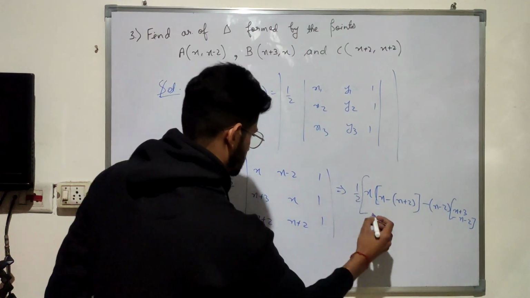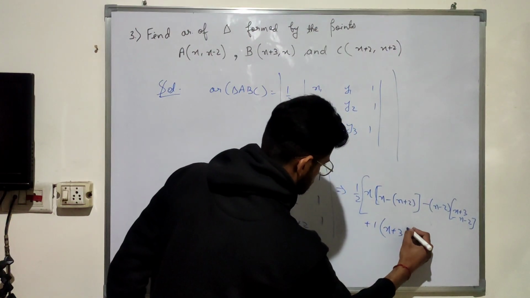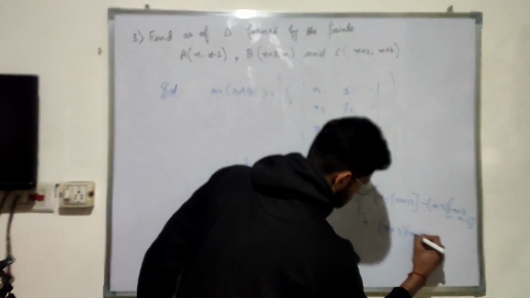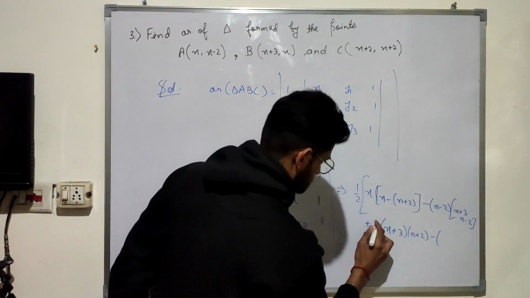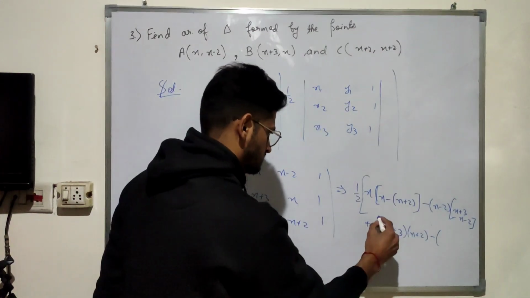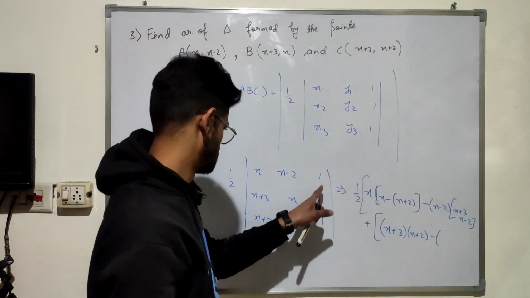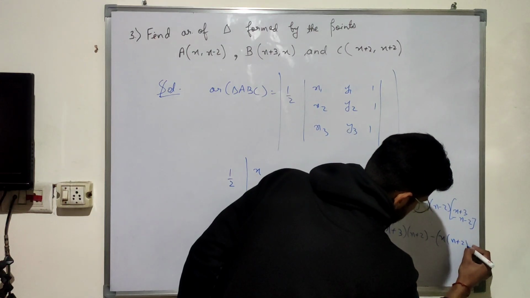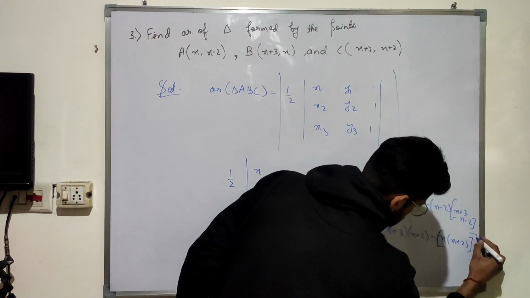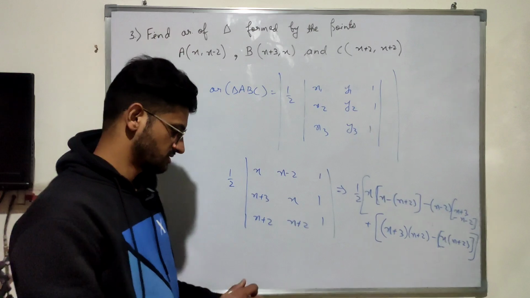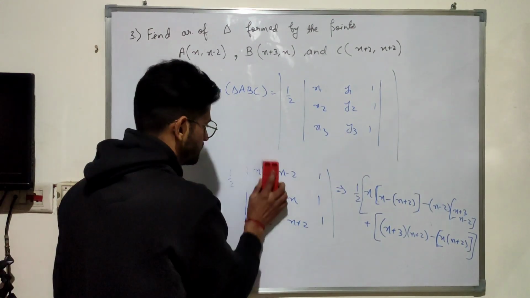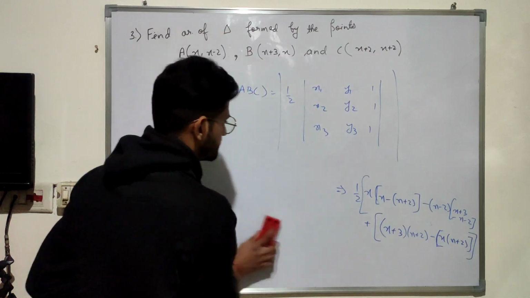Then plus 1 multiplied by x plus 3 multiplied by x plus 2 minus x multiplied by x plus 2. These are the kinds of calculations here, so we will do the calculation and find the answer.